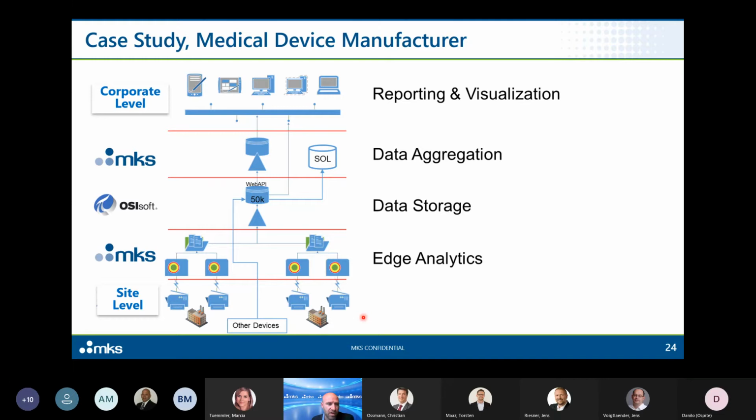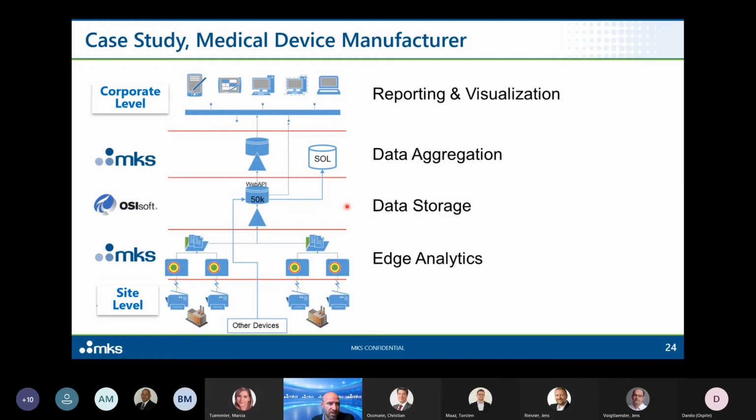And what we've done is offload the edge analytics information into a file format that can be processed by one of our data partners. And in this particular case, we have one massive server for all of the devices at all of the sites for all of the applications.